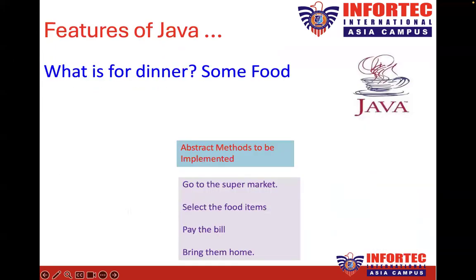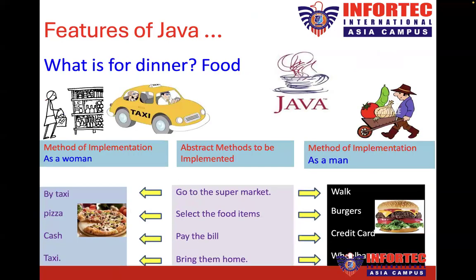To explain these features, I have taken a small example. What is for dinner? It is the question I ask. If I ask you what is for dinner, you would tell me food. Behind this answer, you have certain things to do.